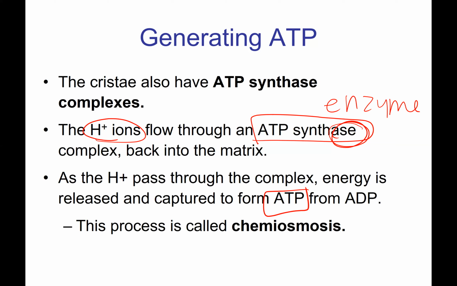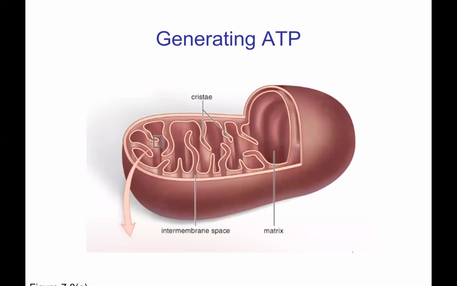And this whole process of having hydrogen go down an ATP synthase to create ATP is called chemiosmosis. Osmosis is water, right? The movement of water. And we are going to have water be our final electron location at the end.